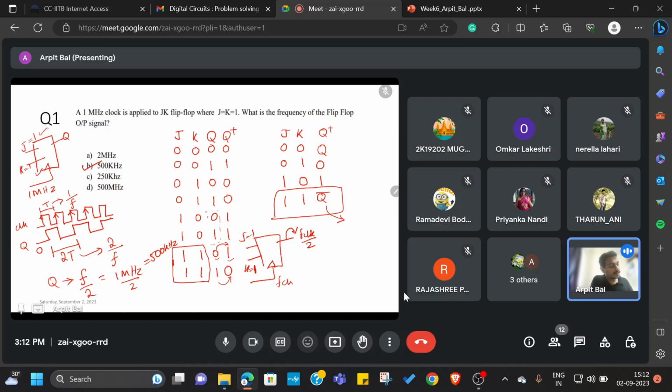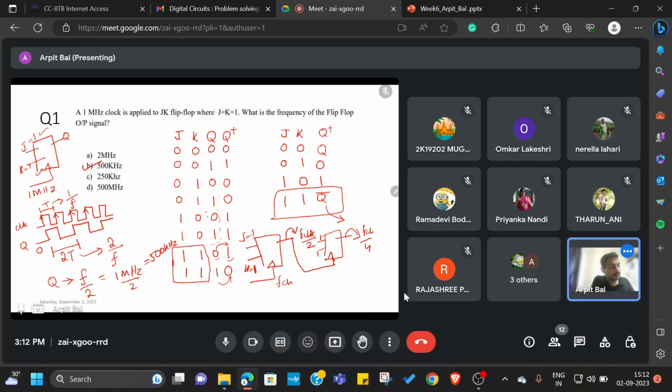Right? So what will happen if I use this output as a clock to another flip-flop? What will be this frequency? Can anyone answer? F by 4. Correct. So it will be f clock by 4.